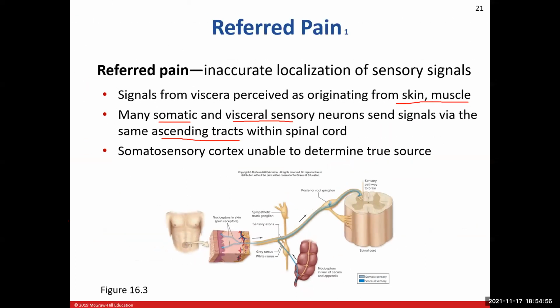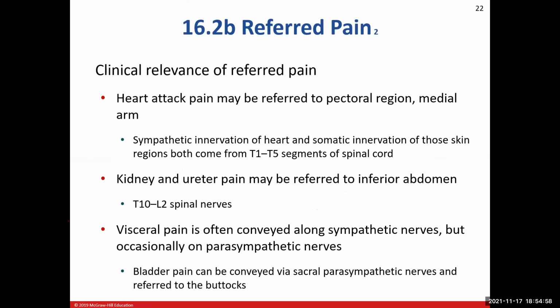One of the more common examples is heart attack. We see this quite a bit with people when they're thinking about referred pain. So when you get a heart attack, you will feel chest pain, normally on the left side, but you'll get chest pain in the pectoral region, and in some cases, left arm pain, but specifically the medial portion of the arm.